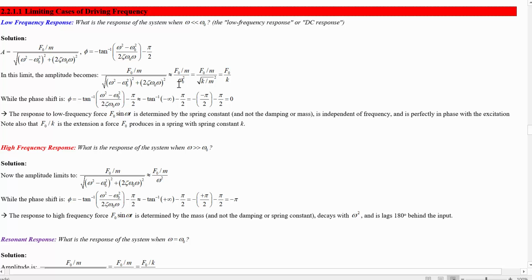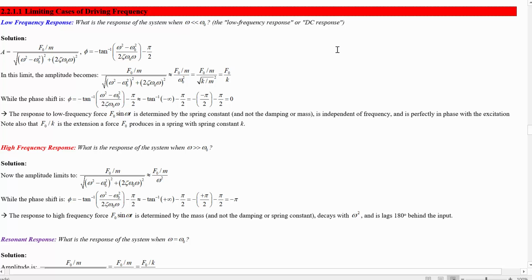So that is just like an omega naught squared in the denominator, root k over m. So this just goes like f naught over k. The amplitude is the driving force divided by the spring constant. So this is dominated entirely by the spring. At low frequency, one way to think about it is if you have extremely low frequency, like no frequency at all, you just apply a force.